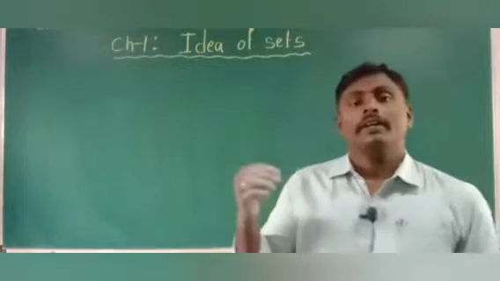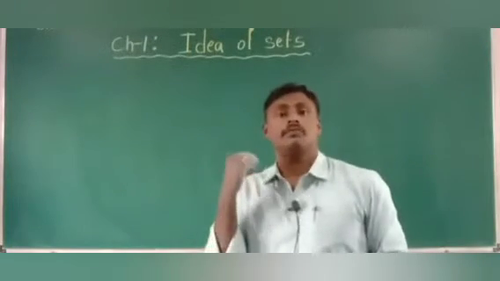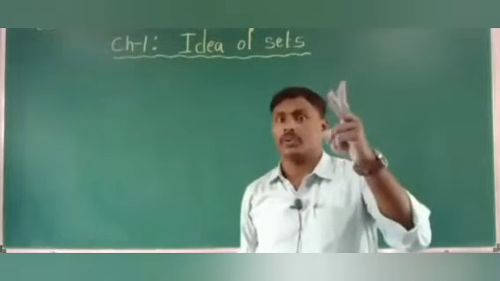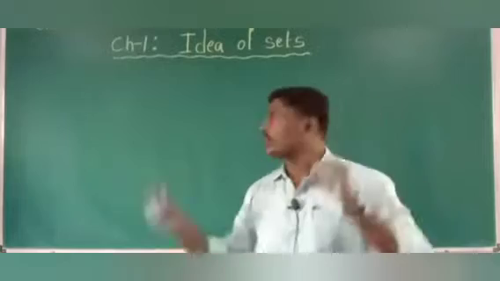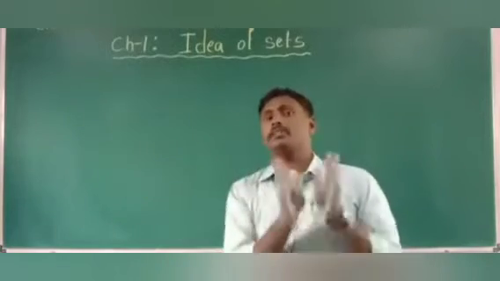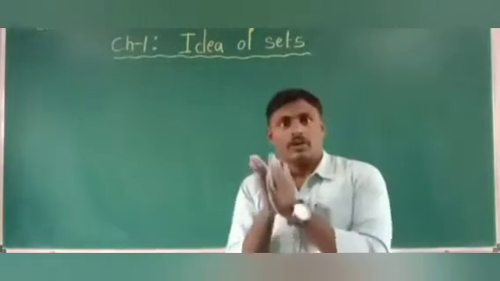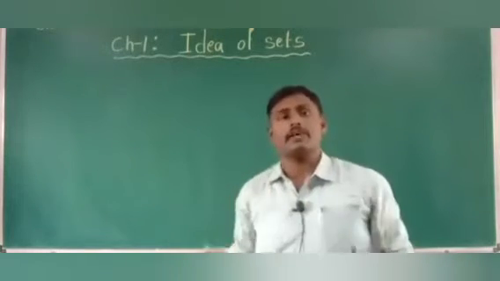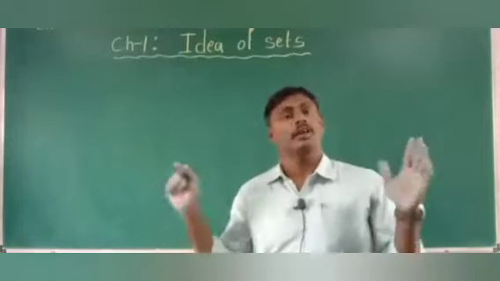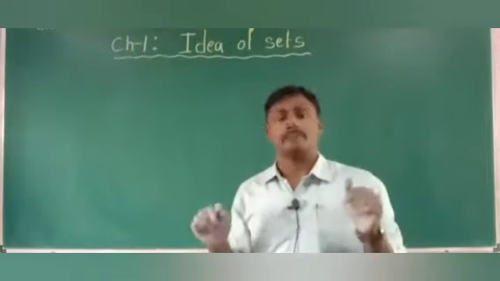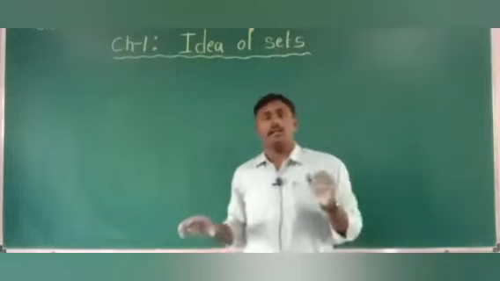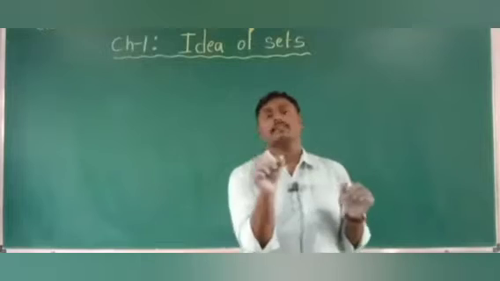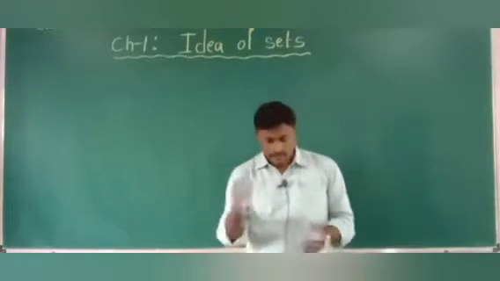Okay, and we discussed one more important concept, that is the representation of sets with the help of 2 methods. The first one is roster method or tabular form, and the second method is rule method or set builder form. Roster method means we write all the elements inside the braces, the curly brackets, by giving some spaces or by inserting commas also, right?